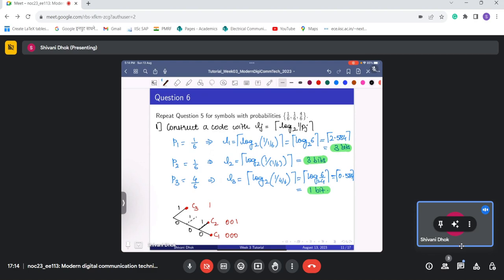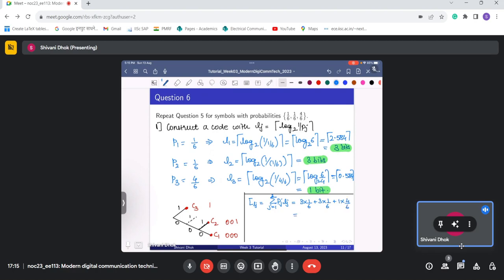Okay, now let's find L bar, that is the average length. L bar is summation j equal to 1 to 3 pj lj, which is simply 3 into 1 by 6 plus 3 into 1 by 6 plus 1 into 4 by 6.